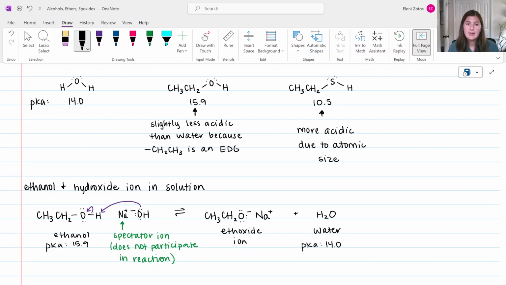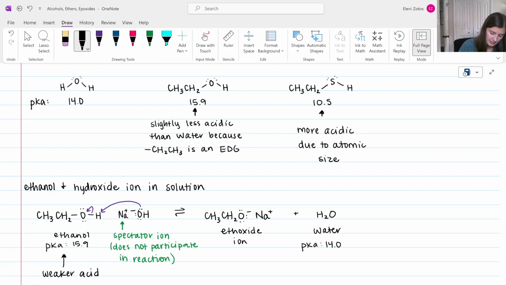When we look at acid-base reactions, especially Bronsted acid-base reactions, we can describe whether the reaction lies to the right or to the left based on pKa values. Reactions lean towards the side with the weaker acid, so the side with the higher pKa. If we compare our two acids, ethanol and water, ethanol has a higher pKa, so it is a weaker acid.